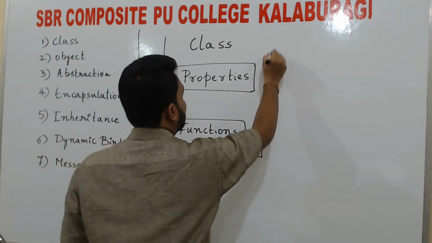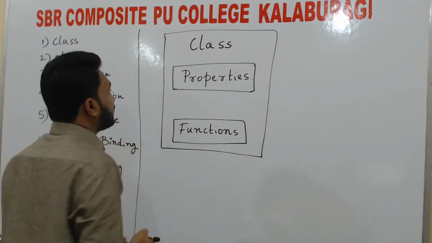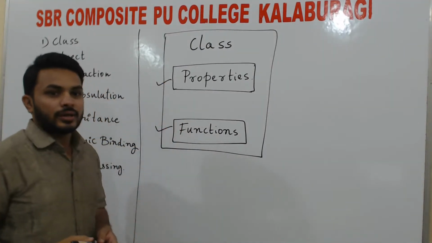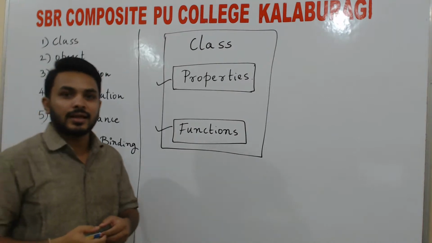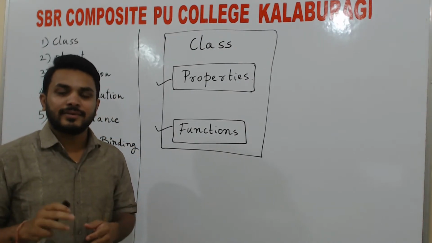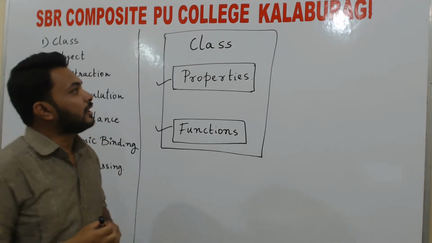This is the basic thing: a class includes properties and functions. Whenever you are dealing with a class, you have to insert the properties as well as functions based on your needs, based on the user needs.